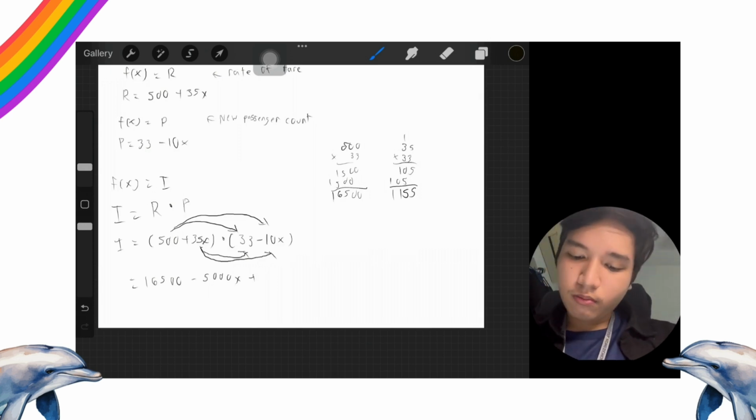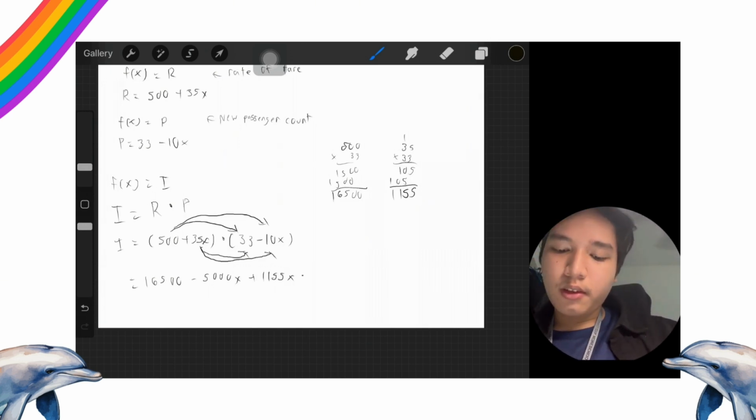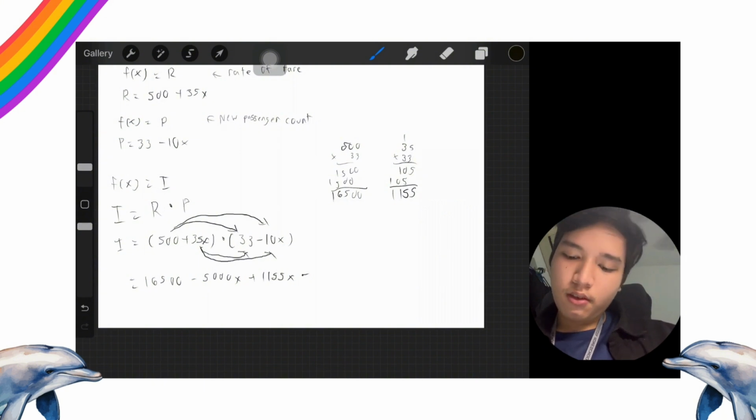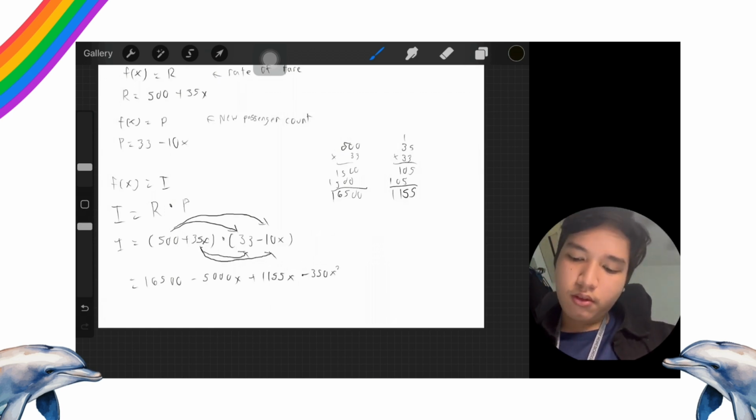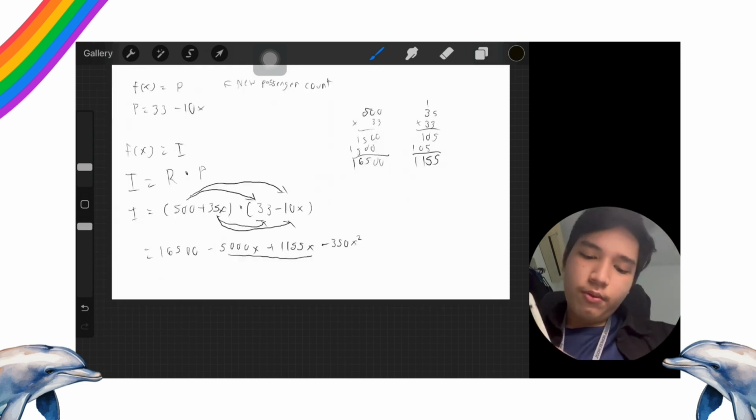So 1155x. 35x multiplied by negative 10x. So 35 times 10 is 350. But we have 2 x's. So what do we do if we have 2 x's? We get x squared. So we arrange it.